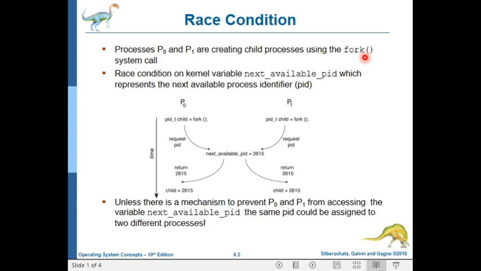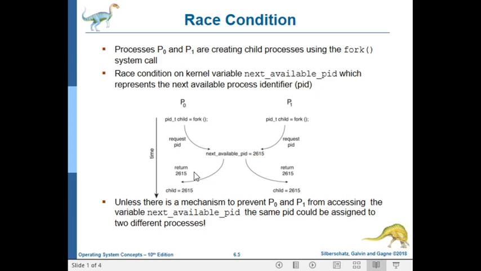Race condition happens on a kernel variable, that is next available PID, process identifier, which represents the next available process identifier.